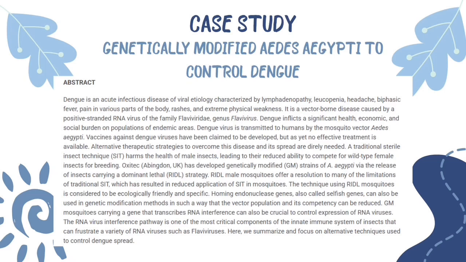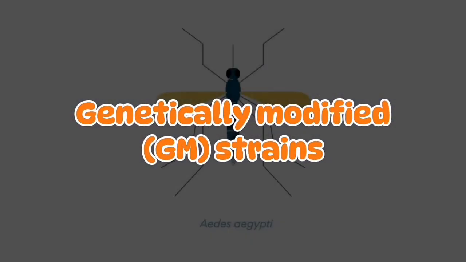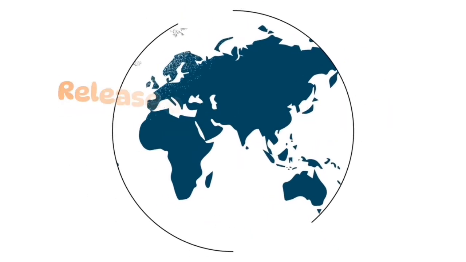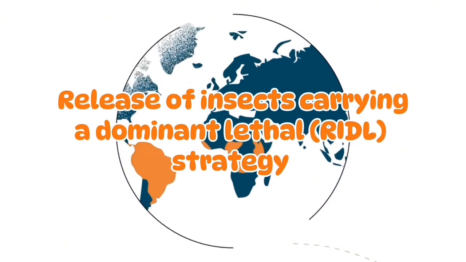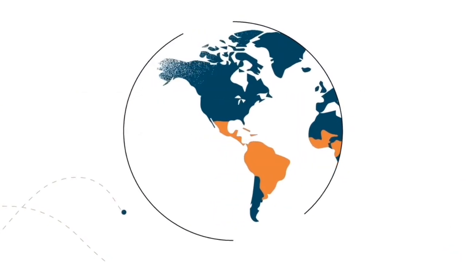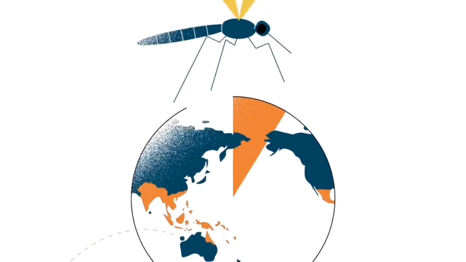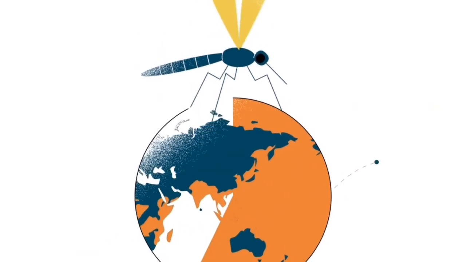This case study detailing the genetic modification of Aedes aegypti mosquitoes to combat dengue inherently touches on both CRISPR Cas9 gene editing and transgenic mosquito technology. The development of genetically modified, or GM, strains and the release of insects carrying a dominant RIDL strategy explicitly demonstrate transgenesis, where specific genes are cloned and introduced into the mosquito's genome.